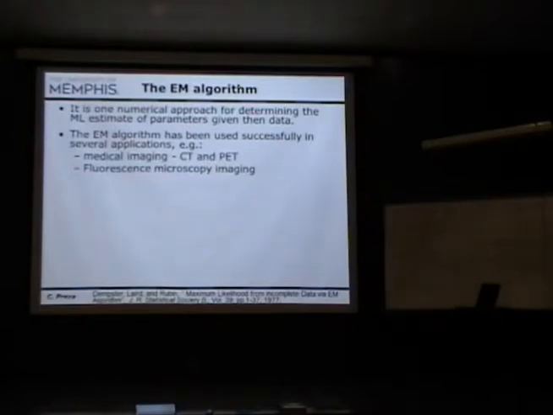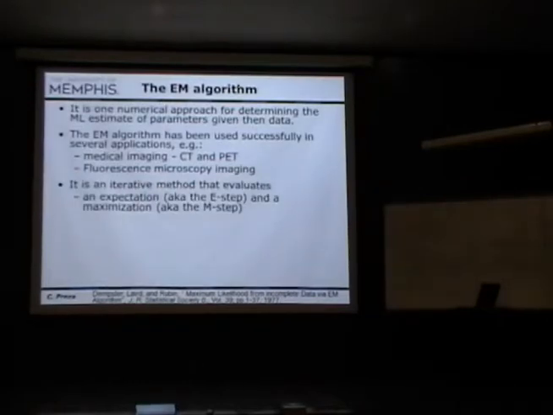This part of the discussion is broad, it applies to any kind of maximum likelihood problem, but I want to get to some examples from medical imaging, so maybe I'll skip some of these, because the EM algorithm has been very successful in these applications, CT and PET particularly, and in fluorescence microscopy that I'll talk about in the next hour.